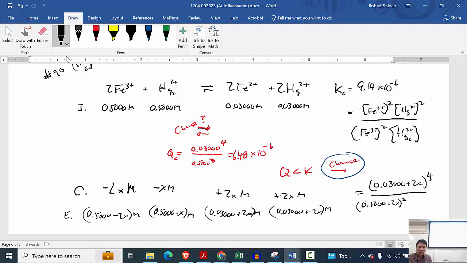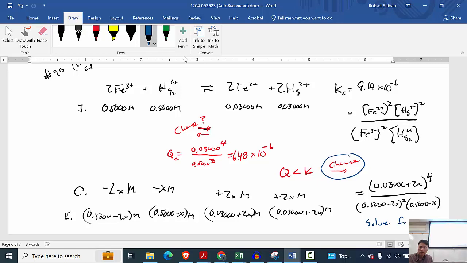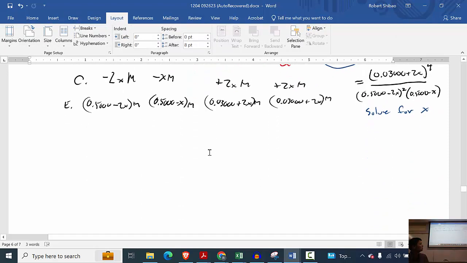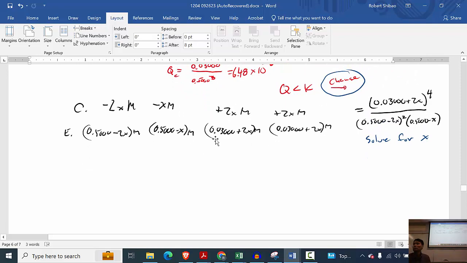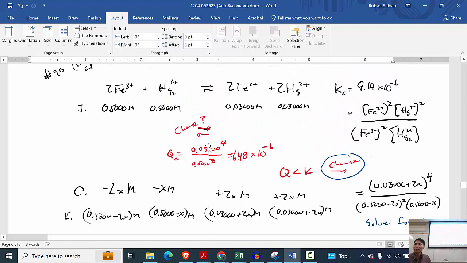And then we'll have 0.5000 minus x. All right, why don't you try to solve this for me and solve for x? It's set equal to 9.14 times 10 to the minus 6.